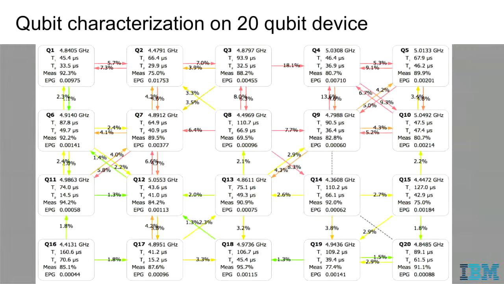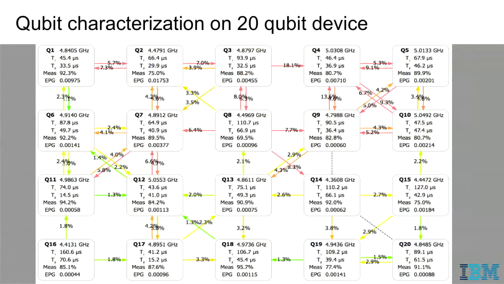This is very different from the devices we have on the quantum experience, the 5-qubit and 16-qubit, mainly in that this is one of the first devices where you could control some qubits that are not on the edge of the sample. These are the numbers that we would typically put on the quantum experience.